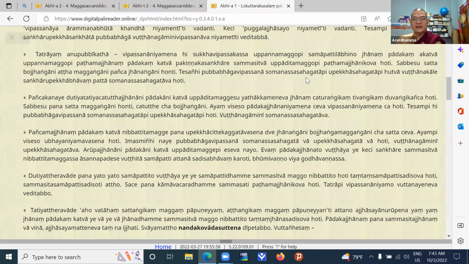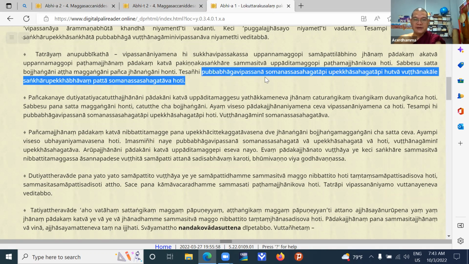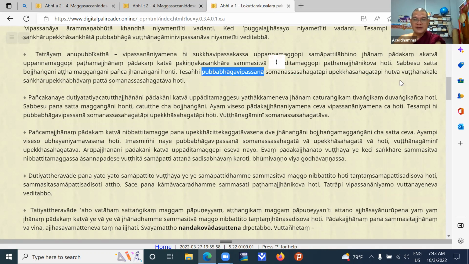But before saccavibhaṅgo, during the vipassana course, the vipassana jnana can be with somanasa or can be with upekkha.